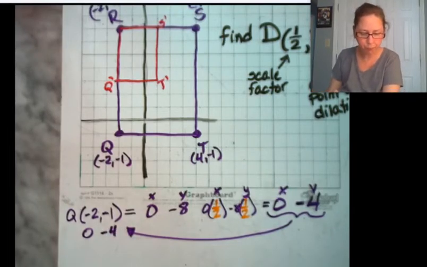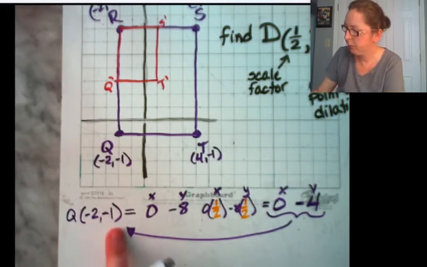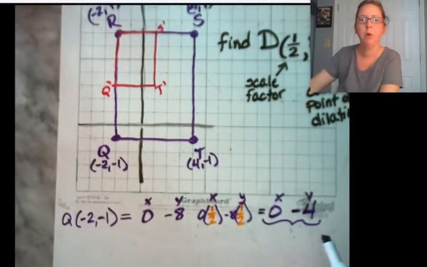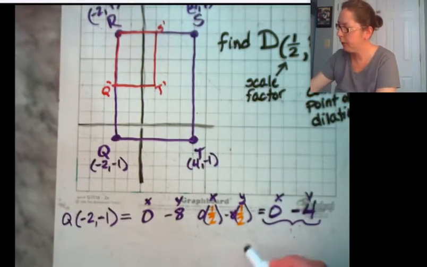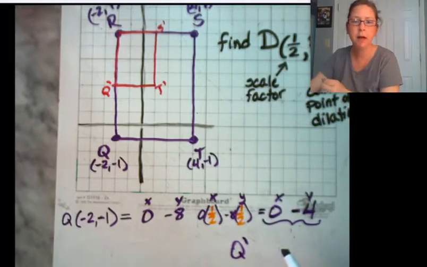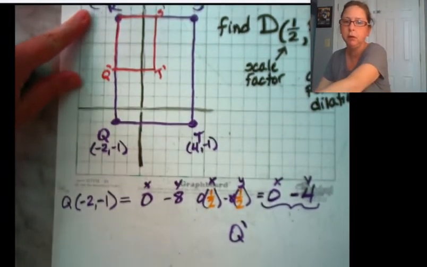Okay, so now I know what the change for Q prime is. Now I need to begin with the values of R, which are -2, 7.